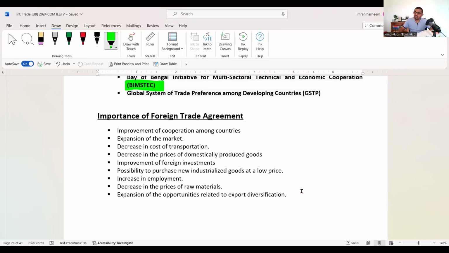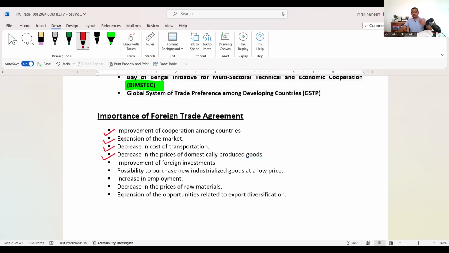But generally, I've given a list of points. Improvement in cooperation among countries. Expansion of markets that we can reach. Decrease in cost of transportation because of the reduction in tariffs, and logistics and supply chains can develop. Decrease in price of domestically produced goods because we can import raw materials and intermediate inputs from member countries free of tariff.